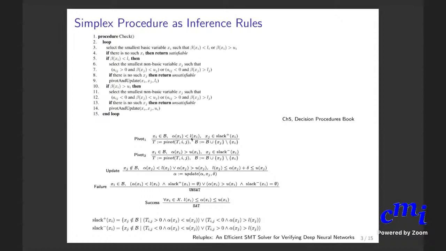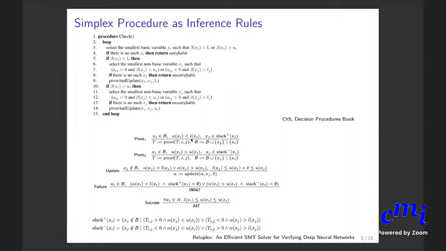The pivot operation just pivots two variables. It moves a variable in the non-basic set into the basic set and flips it with a variable in the basic set.